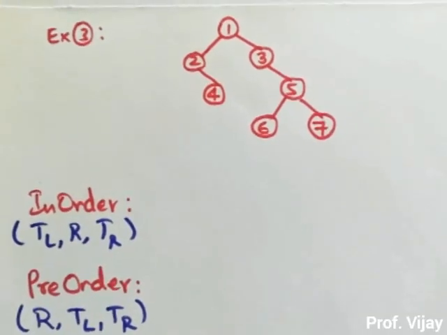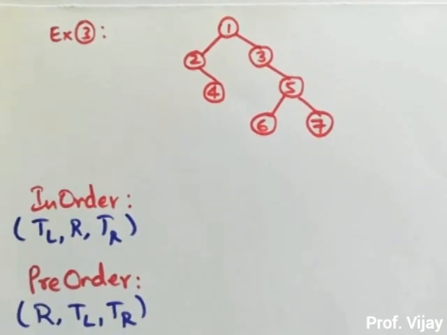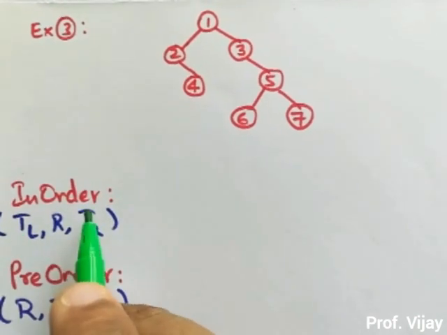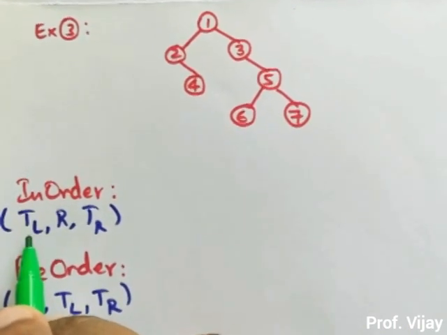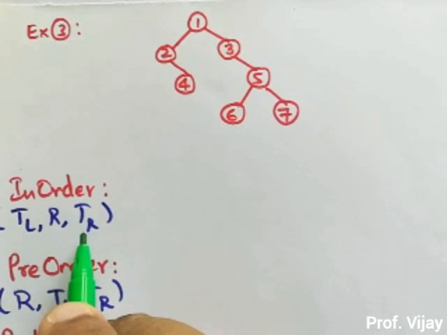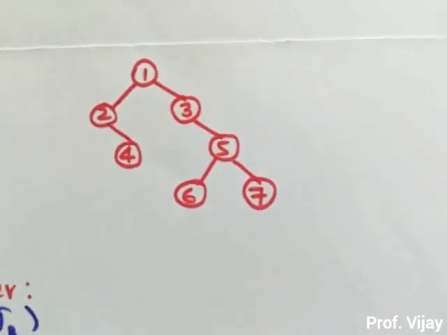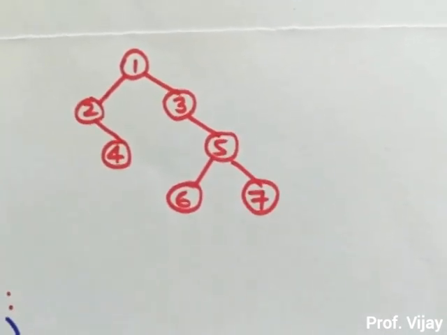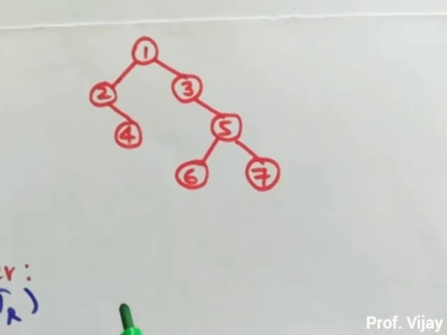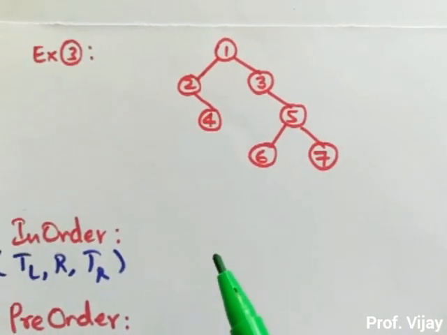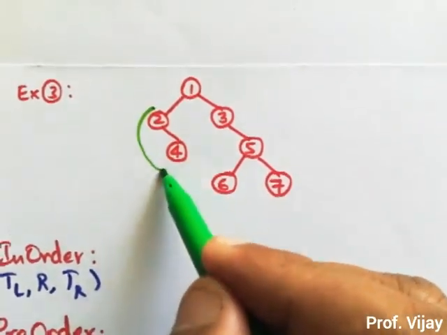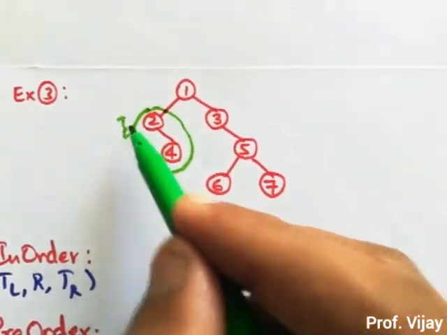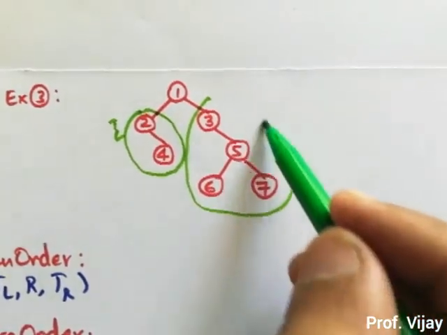Now let us solve this example applying the algorithms. First is in-order traversal. We know that the left subtree is visited, then the root, then the right subtree. The given example has a total of 7 nodes. One is the root, the left subtree is this, and the right subtree is this.